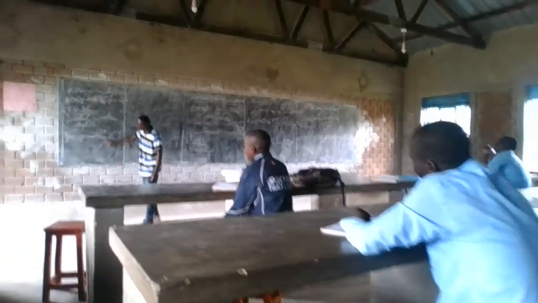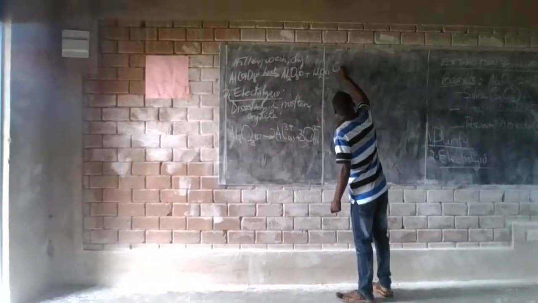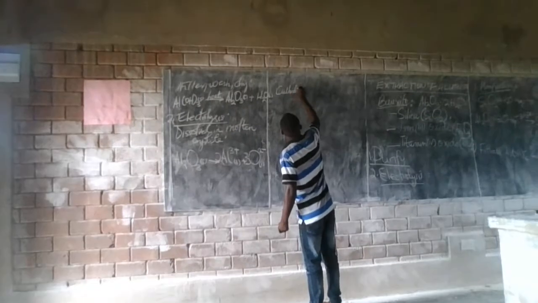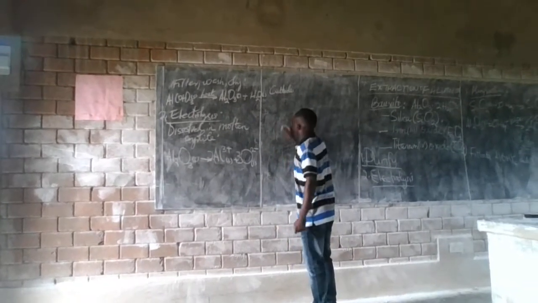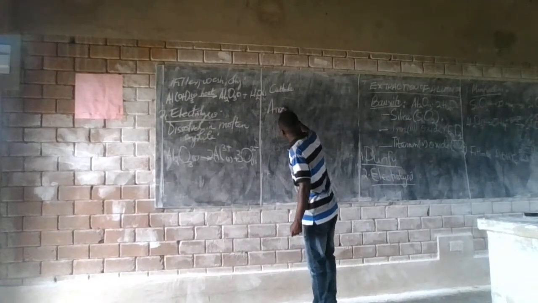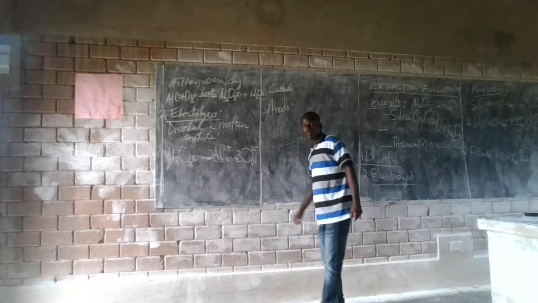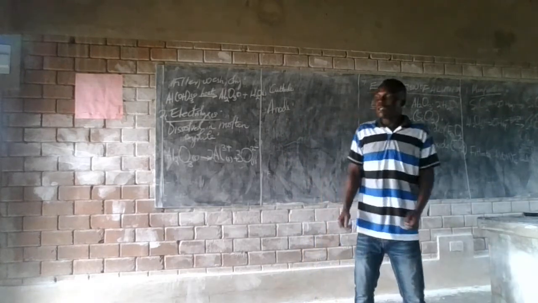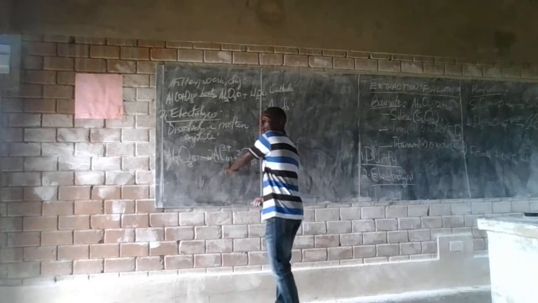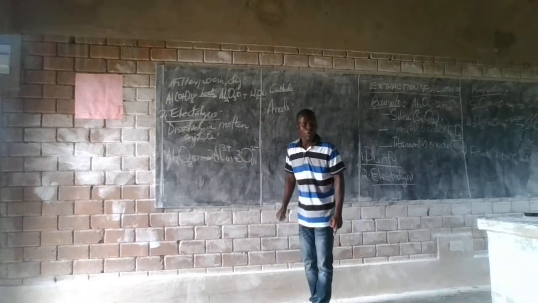So I have aluminium ion and I have oxide ion. Now when we go to electrolyze it, okay? We shall have the cathode and we shall have the anode, okay? So at the cathode, aluminium ion is going to move to the cathode.